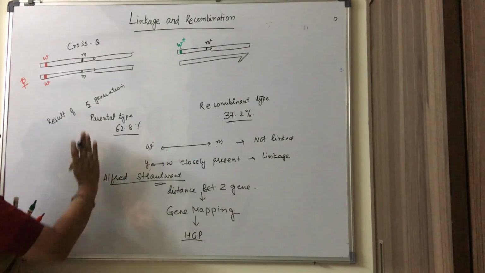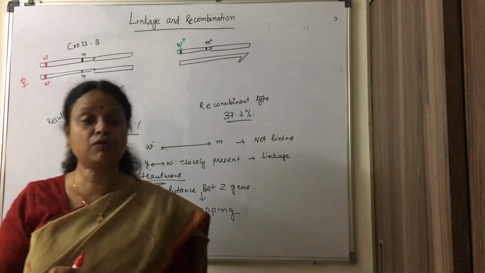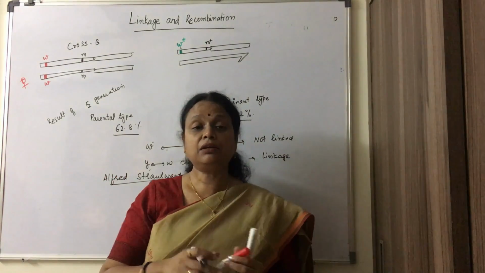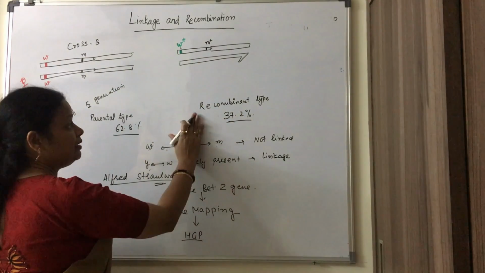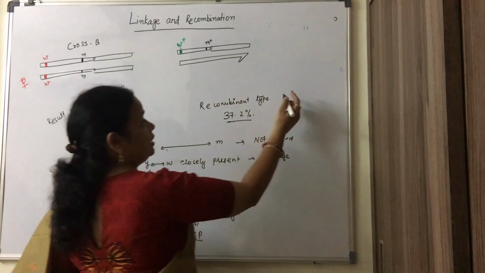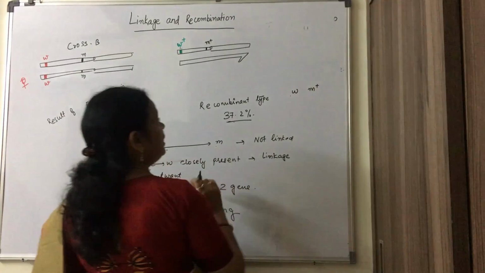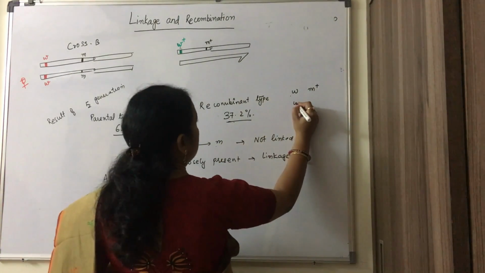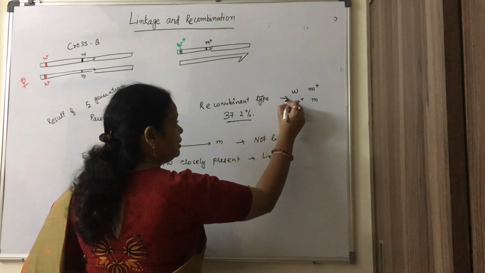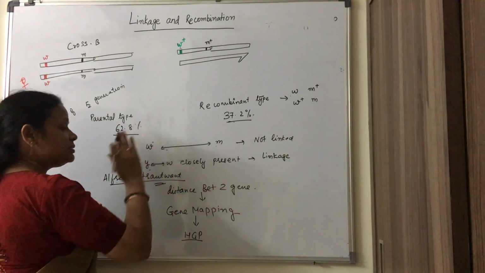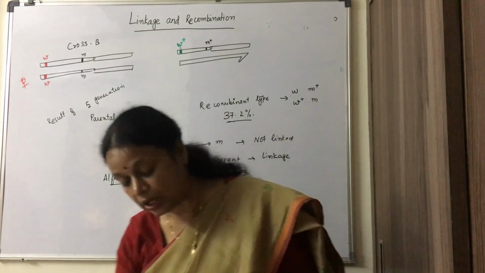So this process is linkage and crossing over, linkage and recombinant. Recombinant means new characters which resemble neither of the parents. Here the recombinants will be W plus M, or W M plus, the new characters. So this is what is called recombinant. This concept was explained by Morgan in Drosophila.